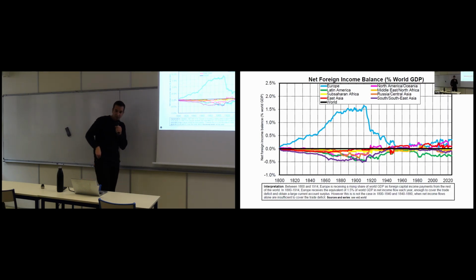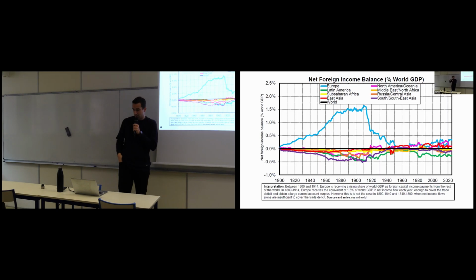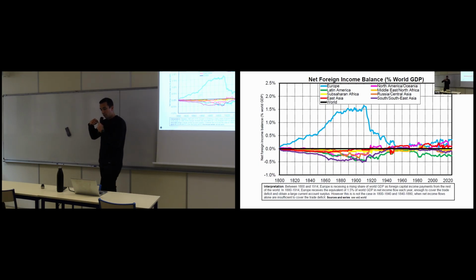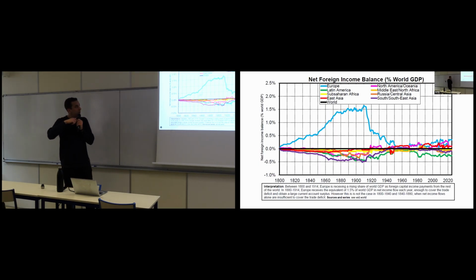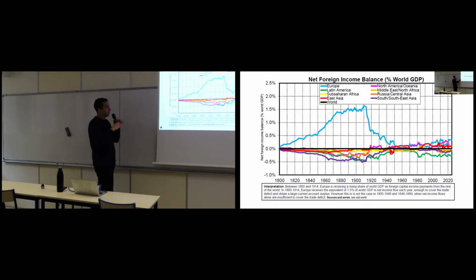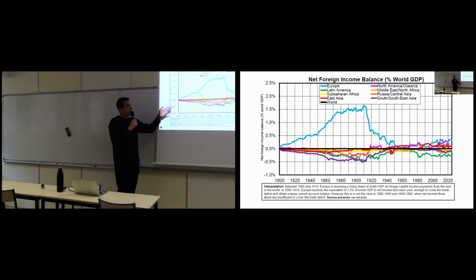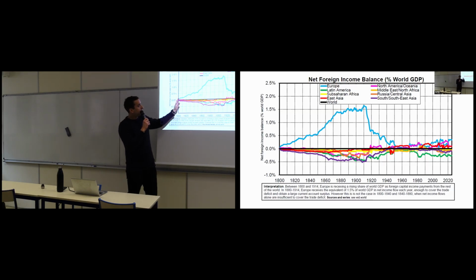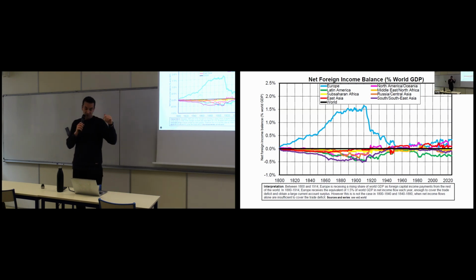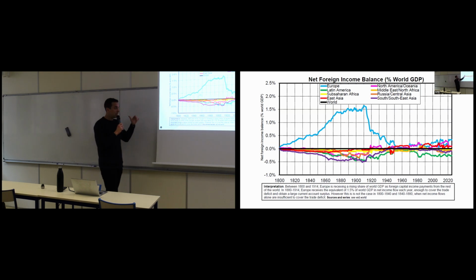Part of it is coming from net foreign income. So they get more capital income from the world than what they pay to the rest of the world. And it's quite significant. It reaches 1.5% of the world GDP at their peak. However, this is not enough to actually counterbalance the deficit in trade.